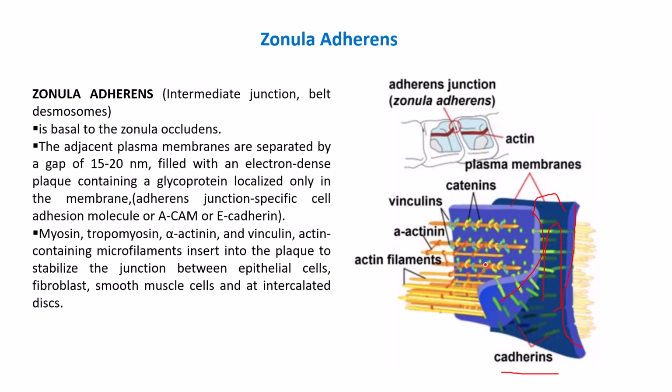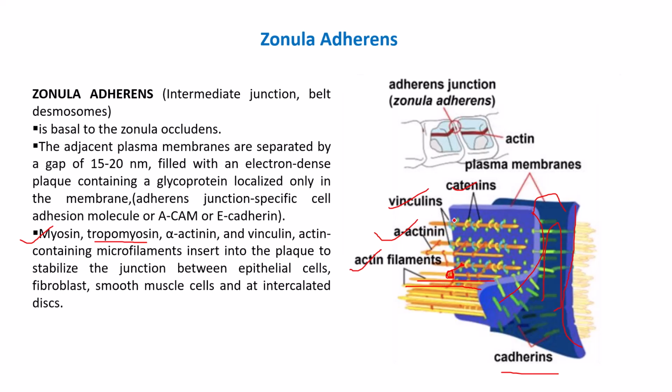These green portions or spikes are E-cadherins. And on the other side of the cell, on the interior side, there are different filaments present, that are myosin, tropomyosin, alpha actinin, actin filaments, vinculin, and catenins. This yellow plate is made up of actin filament, and alpha actinin are these red loops which are holding two actin filaments together.